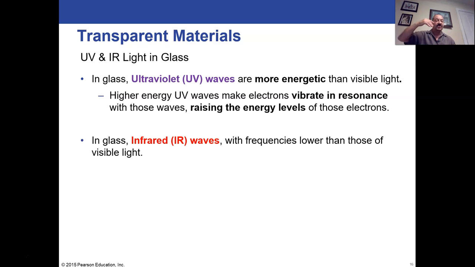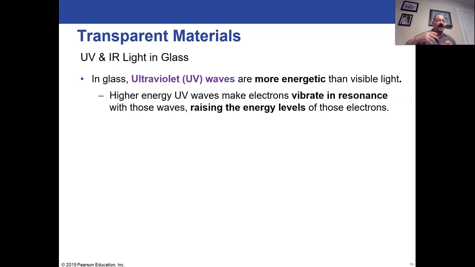And as a result of this higher energy, eventually that will be dissipated, but in the form of just vibrations and heat. So ultraviolet light will never make it through the glass. It's captured and then kind of dissipated into heat. It doesn't get through. So we say that glass is opaque to ultraviolet light. In other words, it can't get through, whereas glass is transparent to visible light. Visible light can get through.